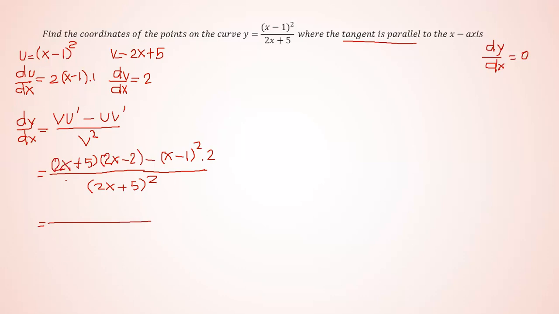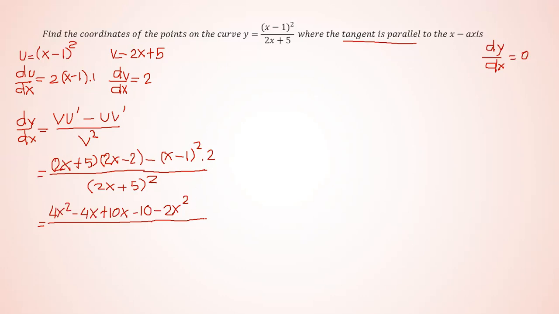And we need to multiply: x times 2x is 2x squared, x times negative 2, negative 2x. What's 5 times 2x? 10x. And 5 times negative 2, negative 10. Okay, and this is negative 2x squared, x squared times 2.